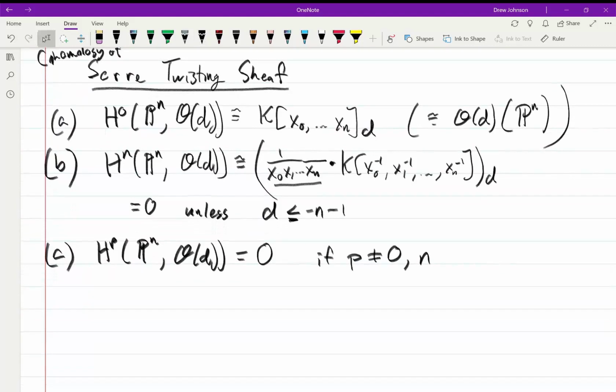Now, this expression is sometimes useful, but a lot of times all you're interested in is the dimensions. So let's write those down here. There's a common notation that if you write a lowercase h, so lowercase h^0 of P^n, O(d), this by definition is the dimension of the vector space.